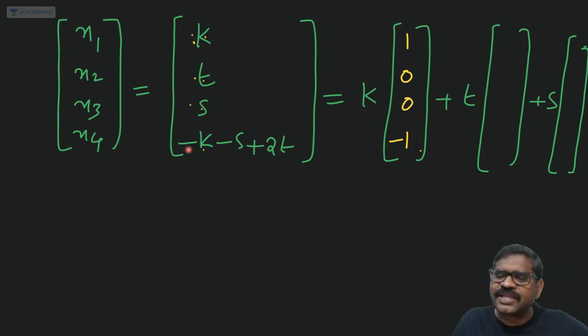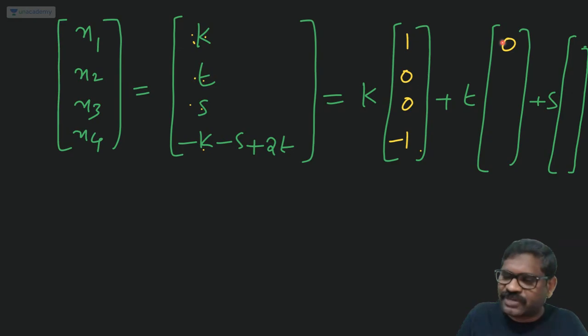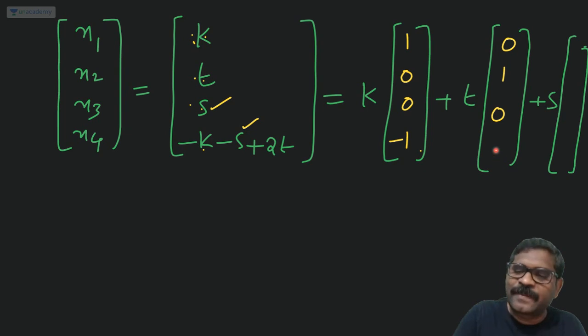Next. What about the coefficients of t? 0, because there is no t in the first row. In the second row, there is t, whose coefficient is 1. In the third row, there is no t, that's why 0. Fourth row, minus 1. Sorry, plus 2.